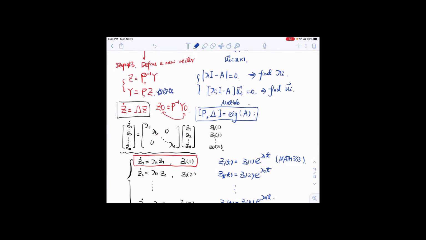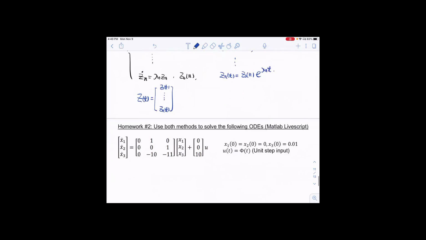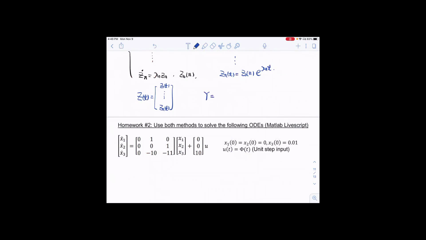We can multiply everything by P, then we get the solution in the Y domain. That's why your Y is P times Z of t. Your Z of t here is n by 1, your P is n by n, so eventually your Y is n by 1. So the matrix dimensions match.